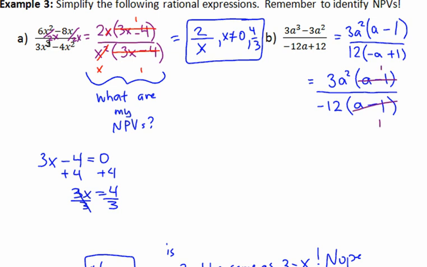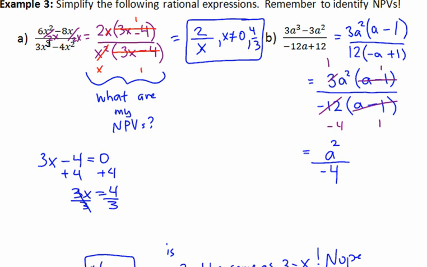What else? 3 and 12. What can we divide both those by? 3. So 3 divided by 3 is 1. Negative 12 divided by 3 is negative 4. So we're left with 1 times a squared times 1, or just a squared, and then negative 4 times 1, negative 4. How was that?